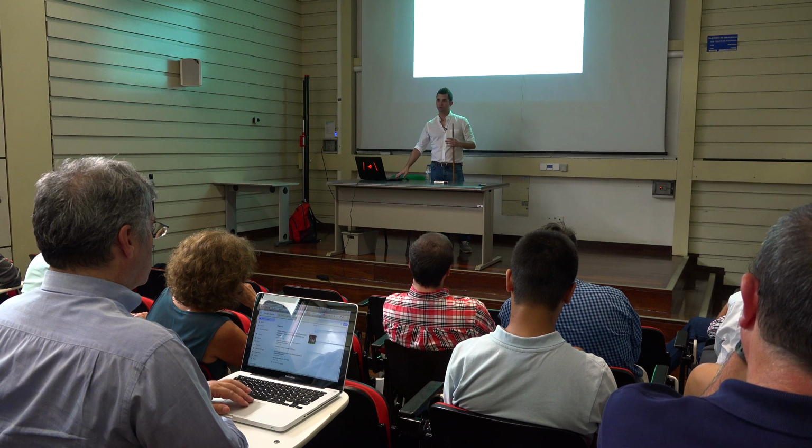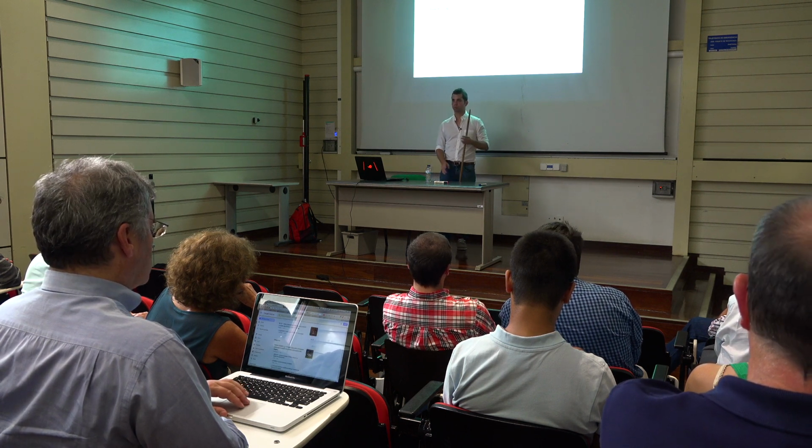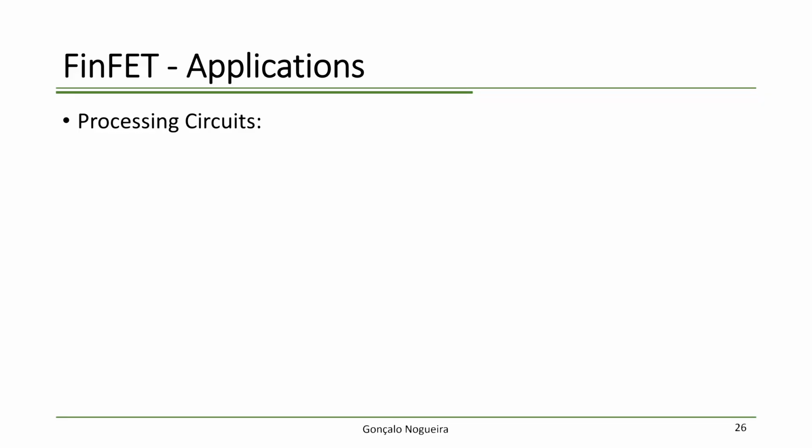First of all, looking into the advantages of this circuit, this is perfect for processing circuits because it's fast and small. So it's used mainly in computers. Your computers at home have FinFETs, possibly. It's also used for wearables.